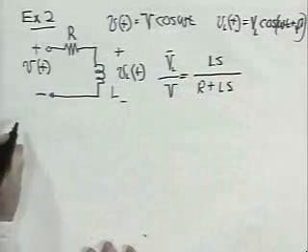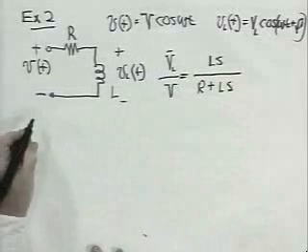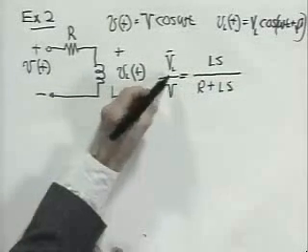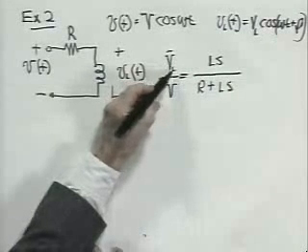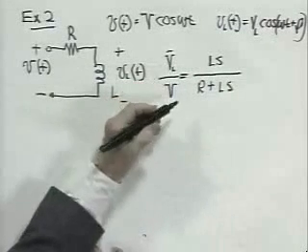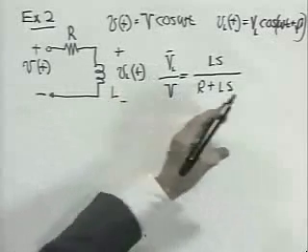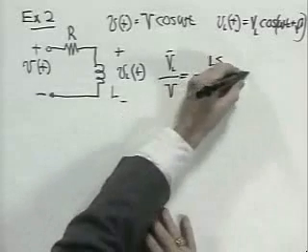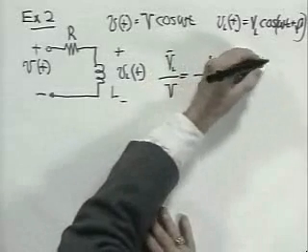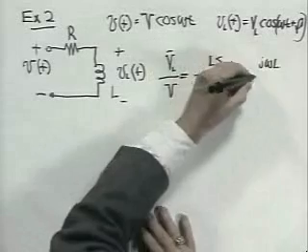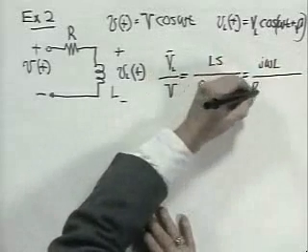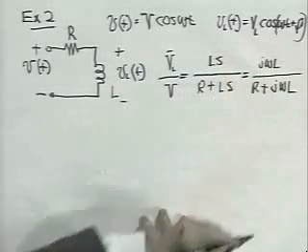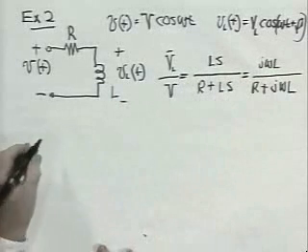So if we want the time function, what I have to do is express the complex amplitude V sub L in polar form to get it into a form in which I can combine it with e to the j omega t. So I rewrite this as j omega L divided by R plus j omega L, and proceed to put this in polar form.